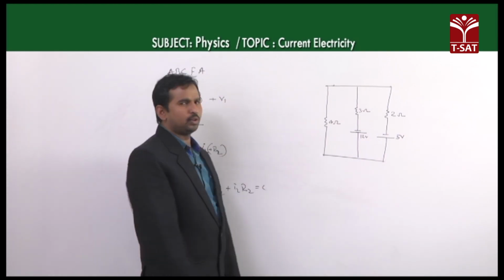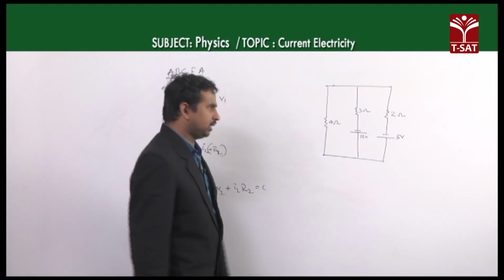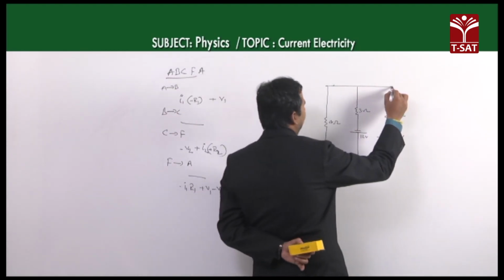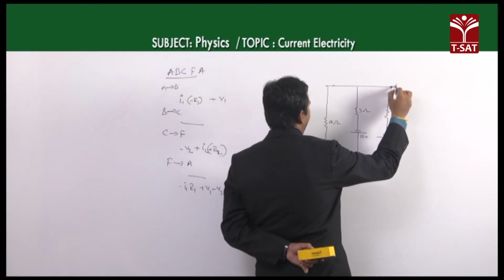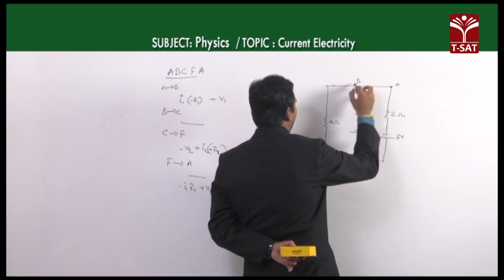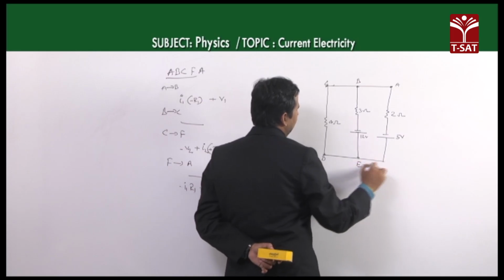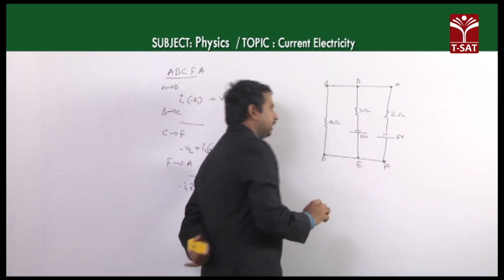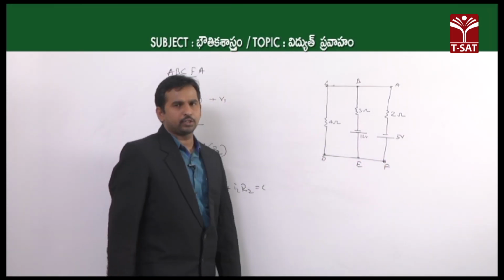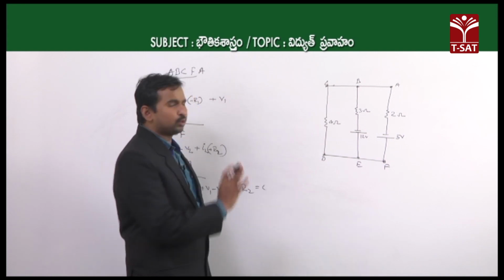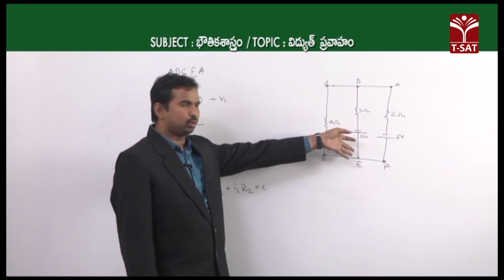Now in this case, if you want to apply our Kirchhoff law here, and you take the junction points, let them be A, B, C, D, E, and F. Now for this one, we have to find the current which is passing through the 12 volts battery.